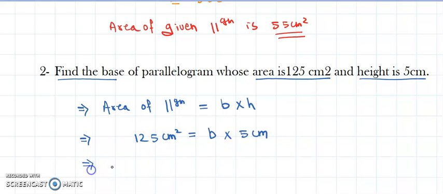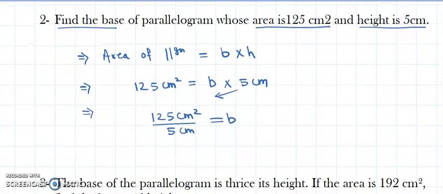What is the next step? We have to transpose the 5 to the bottom side of 125, so it becomes 125 centimeter square divided by 5 centimeter. By simplifying it, we are going to find the value of base.